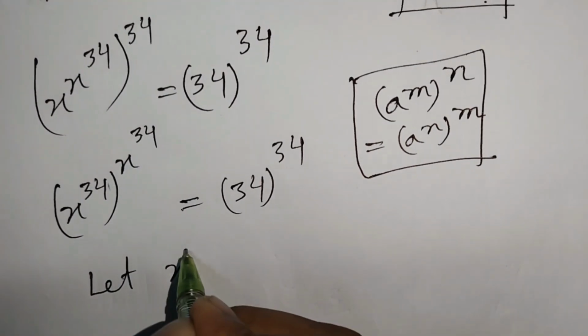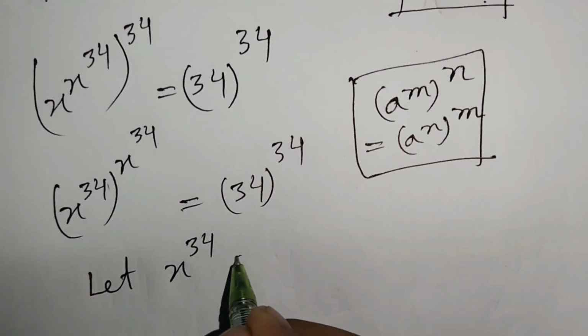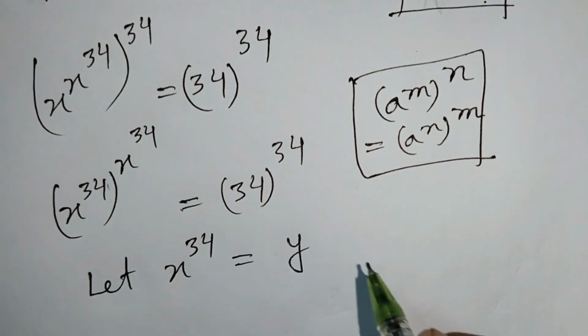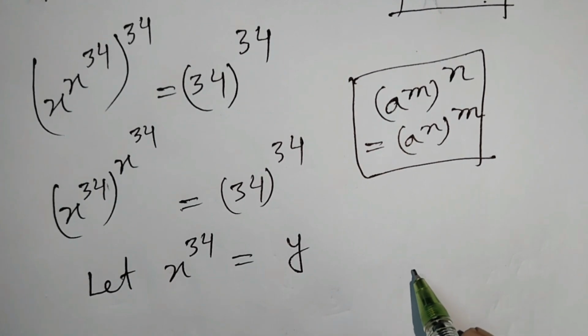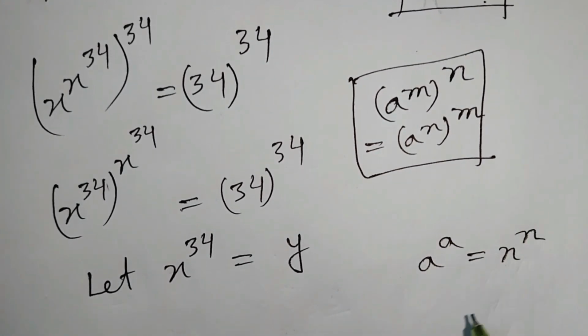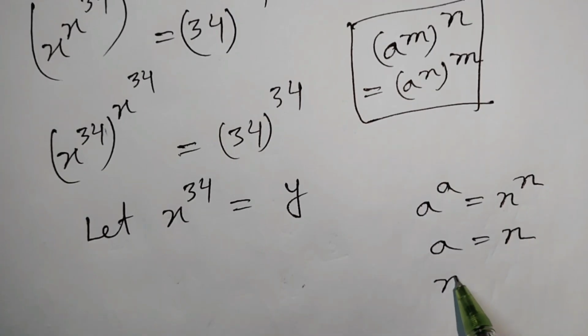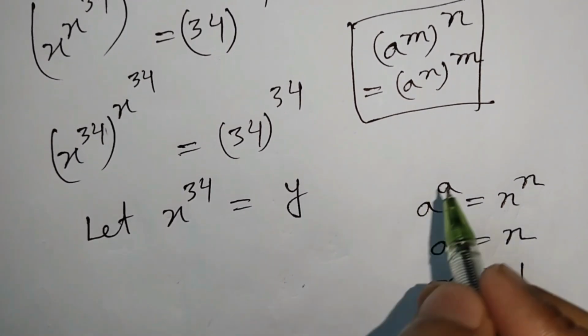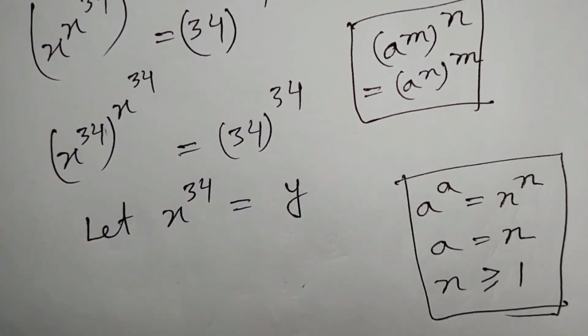Let x^34 be substituted by y. According to the rule that if a^a = n^n, then a is equal to n, where n is greater than or equal to 1. Apply this equation.